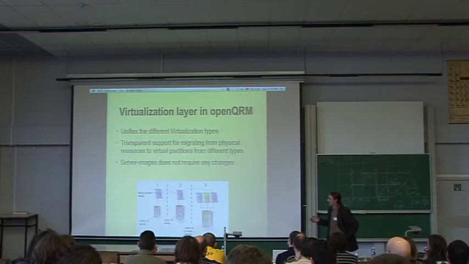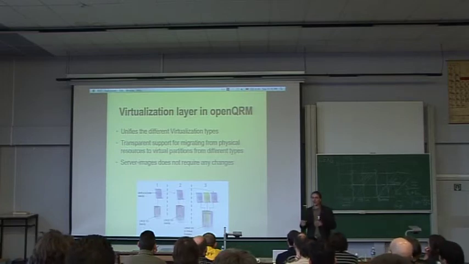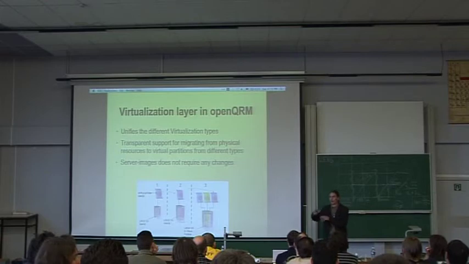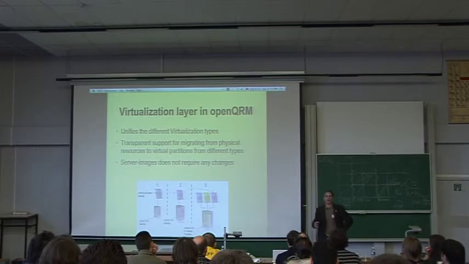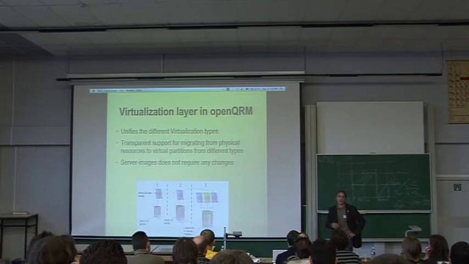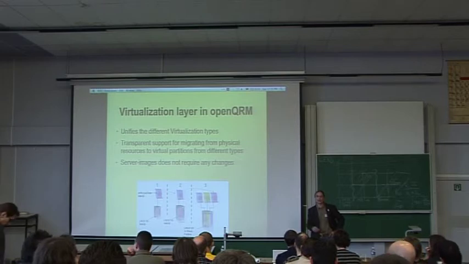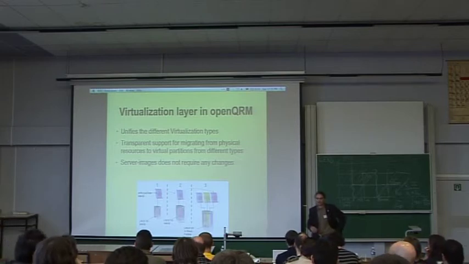A good example: if I would virtualize an Oracle database, I would think about Xen or VMware. If I'm a web hoster and I want to deploy hundreds or 1,000 Apache web servers, root servers for renting to my customers, I would definitely go with solutions like Linux VServer or OpenVZ, which are much more lightweight, so I can start many more machines on a single virtualization host than on Xen or VMware.